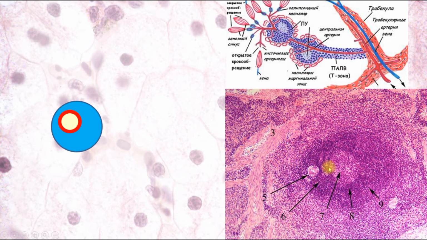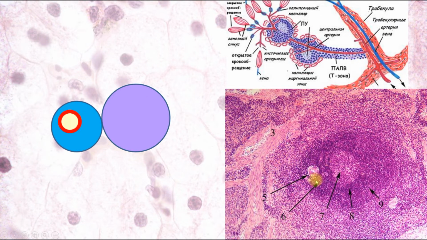This zone surrounds the artery of the lymphatic follicle. Near this we can see a light center which is called the germinal center. You should know that the periarterial zone is a T-dependent zone and the germinal center is completely a B-dependent zone.